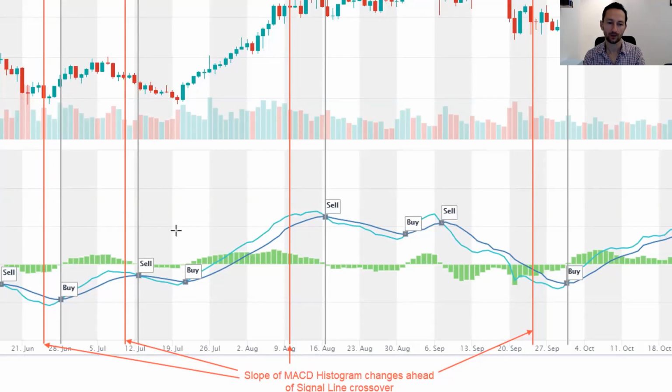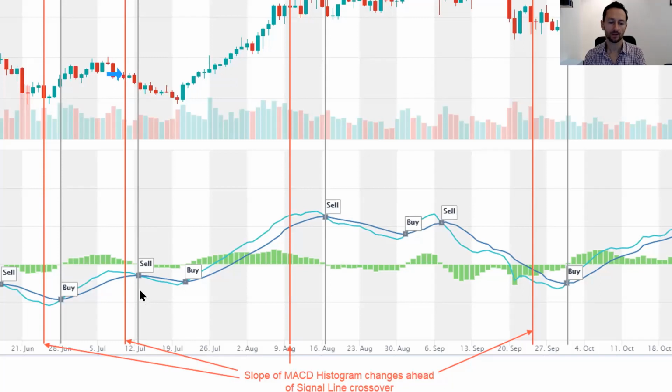Now, the positive is that the histogram bars can give you some early indications of inflection in momentum up or down. And if we sold at this point, which is highlighted by the red line, we would have sold about right here.